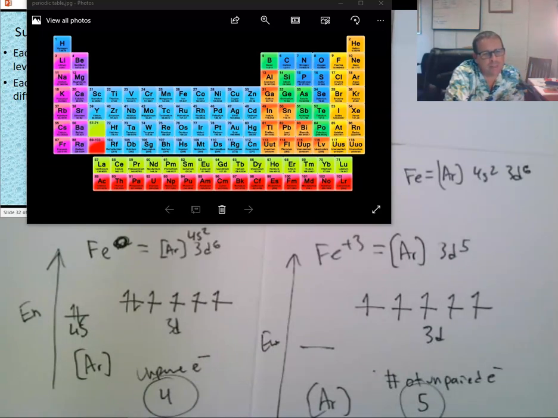The other type of question is, which one would you expect to be more magnetic, or magnetically susceptible? That would be the one with more unpaired electrons. They might ask, when you remove this electron from this atom, it becomes more or less magnetic. Why? The answer would have to do with increasing or decreasing unpaired electrons. Okay, thank you very much.